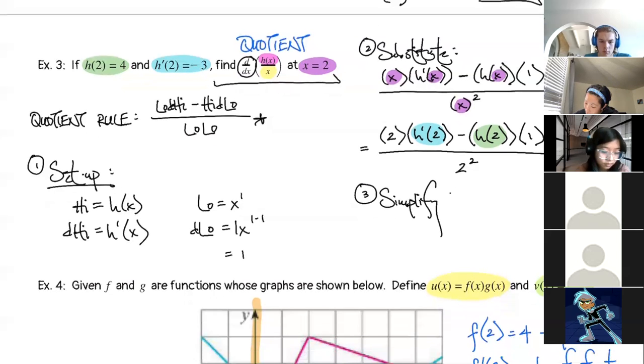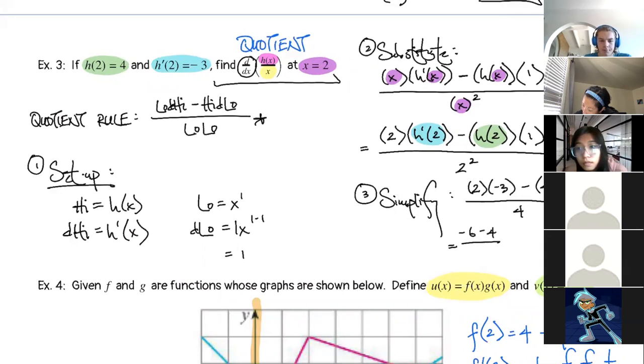Because here's what we actually have: 2 times -3 minus 4 times 1 over 4. -6 minus 4 over 4, -10 over 4, or -5 halves.